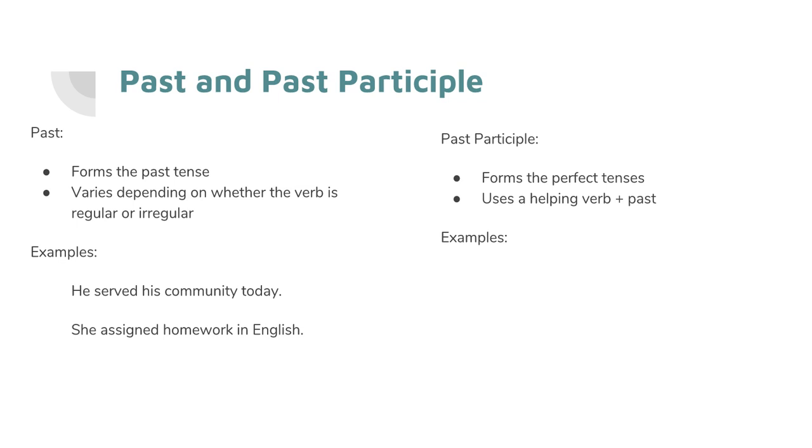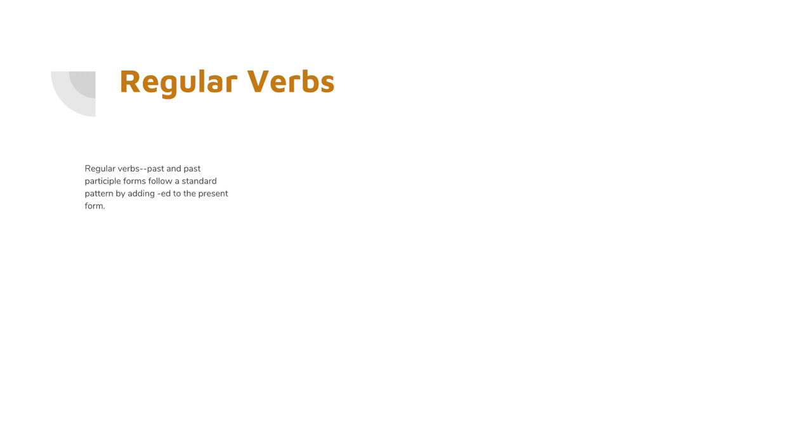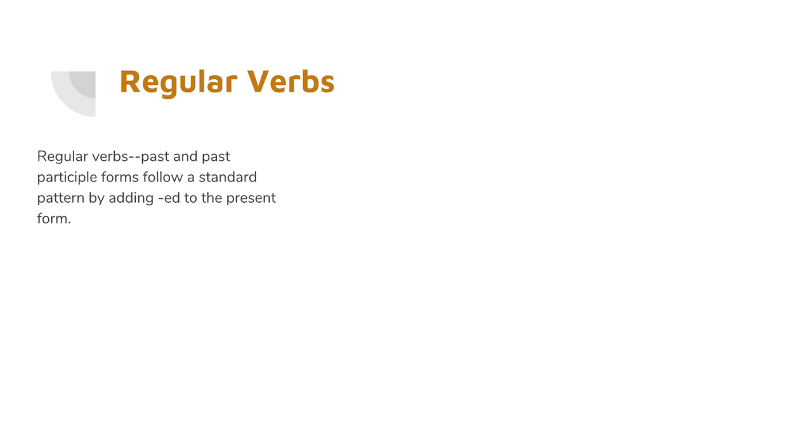So, you'll see instead, he has served throughout his life. They have all assigned homework a lot. This is a very good example of how these parts break down. Has served, have assigned, but this doesn't always show the full picture.